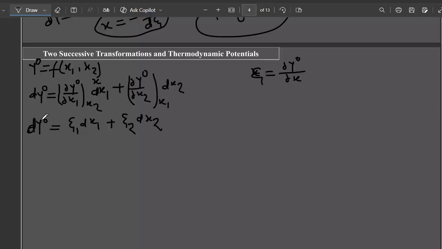First of all we get the first transformation y1, where x1 is converted to zeta 1.